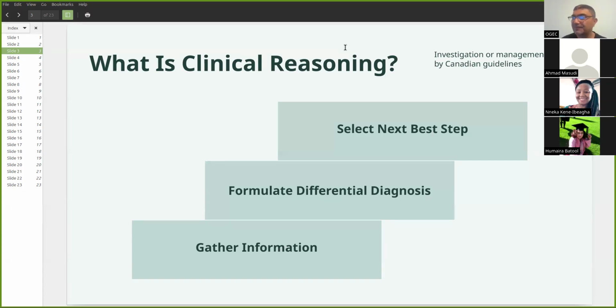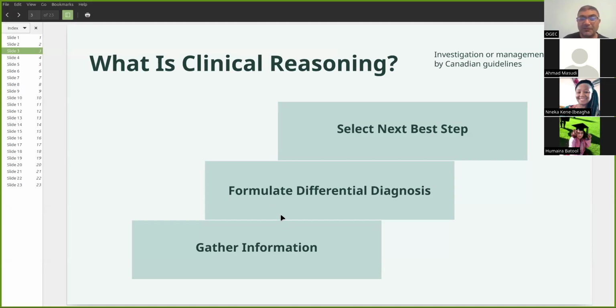Clinical reasoning, or clinical decision making, starts from gathering the information, which is through history and some of the figures they provide through investigations like lab results, maybe an X-ray or an imaging test result.